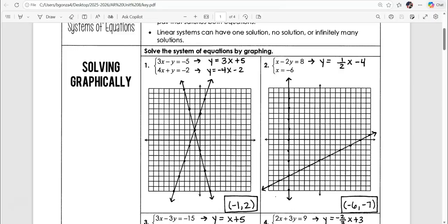Hey, in the back. What's this? That's 6, 7. All right. Well, negative 6, negative 7, whatever. Oh, it's a negative 6, 7. Y'all need a good laugh, right?